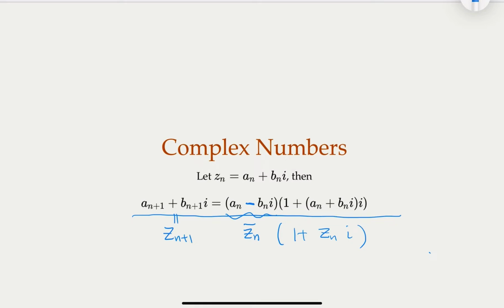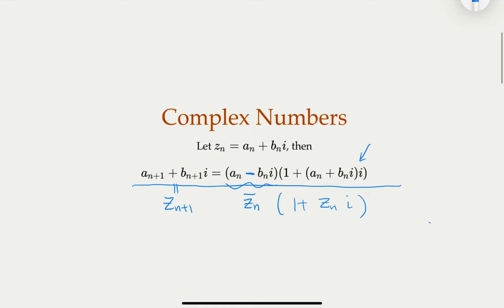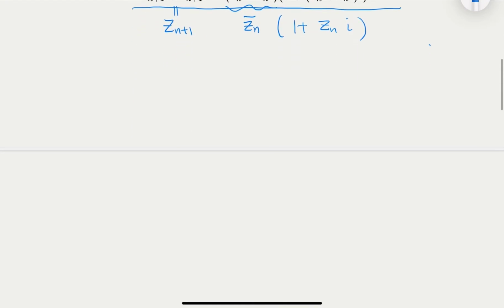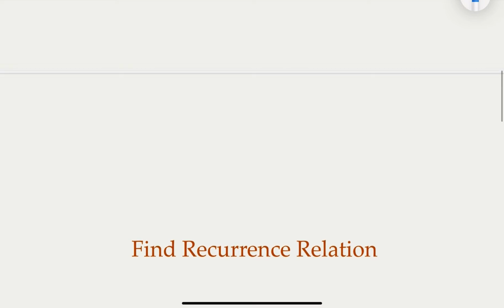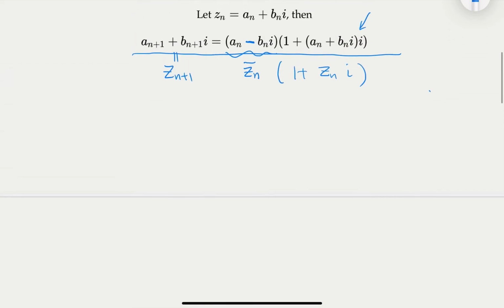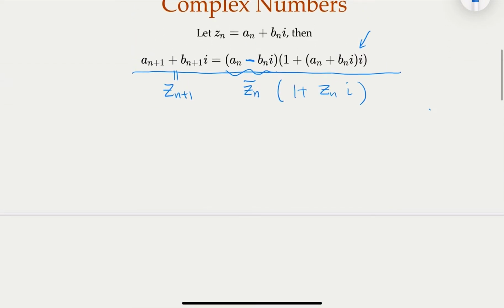Now we use some algebra to expand this out. What is the recurrence relationship we are trying to achieve? We need to find the recurrence relation. Let's change it into a plus bi form. For the right hand side, the first term we keep here.